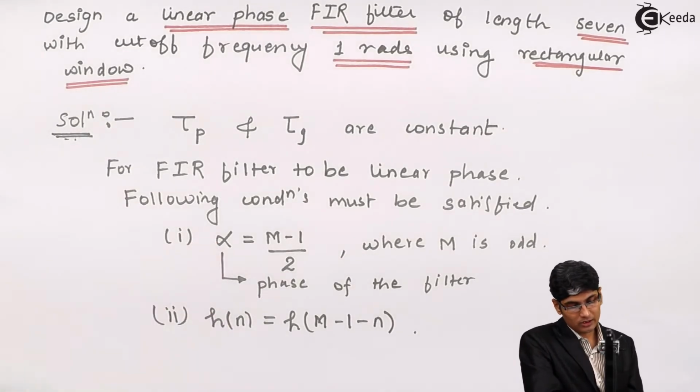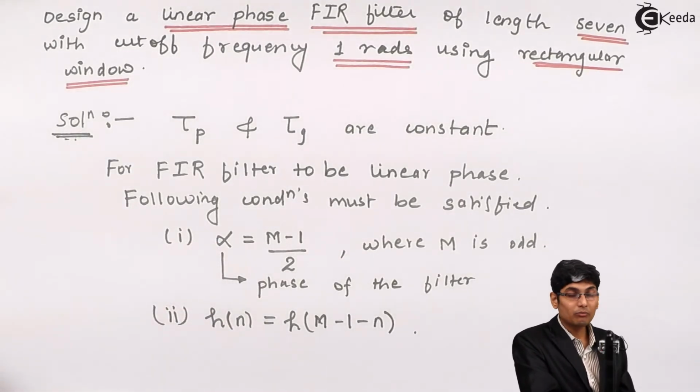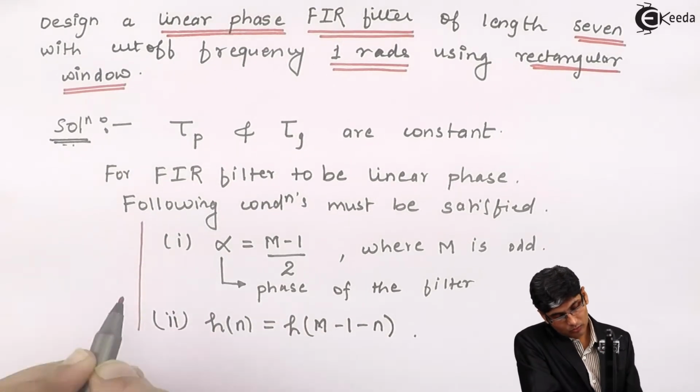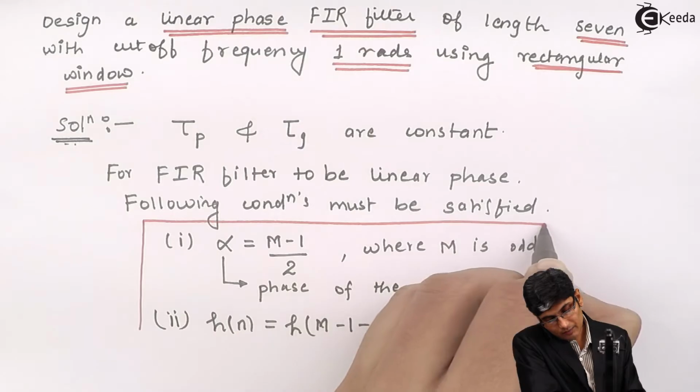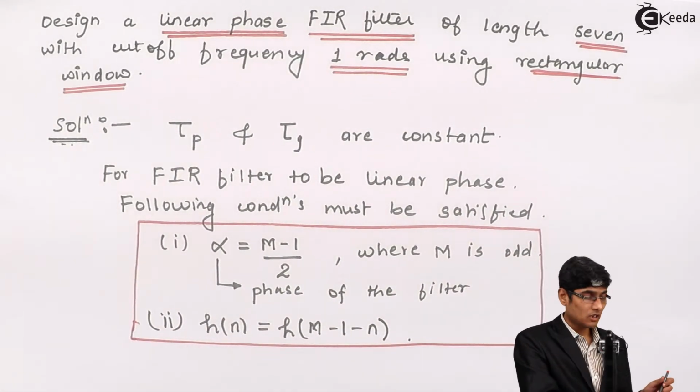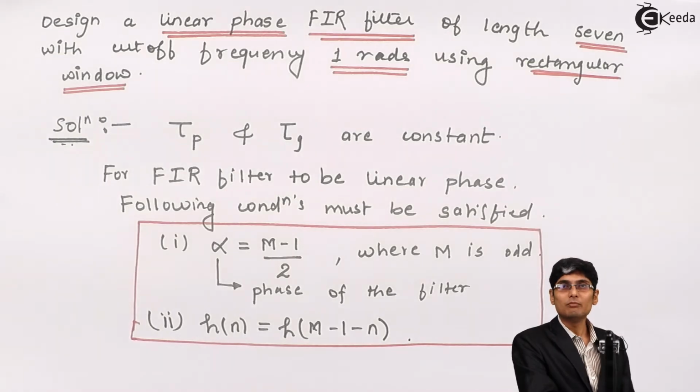Now how these 2 conditions need to be implemented in a problem, that we need to check. You need to clearly follow these 2 conditions in this designing problem. Whenever we are designing an FIR filter, we take care that it is always a linear phase filter, because the main advantage of an FIR filter over an IIR filter is its linear phase response.